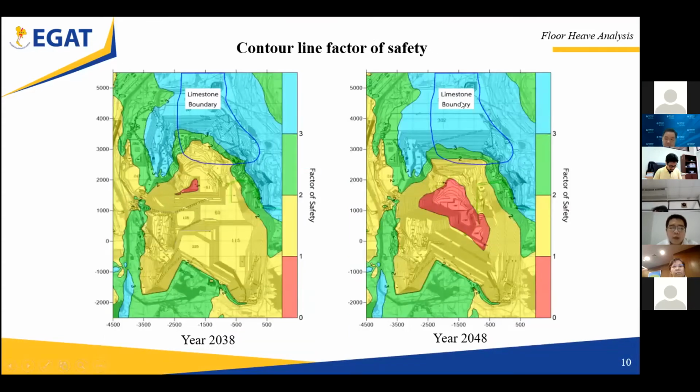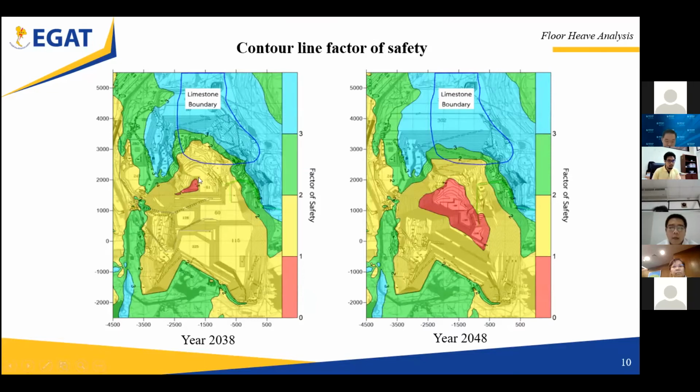Let's move to the result of the heave analysis. From the calculation, we plot contour lines of factor of safety. The critical area for heave shows the area where the factor of safety is less than 1, in red color.